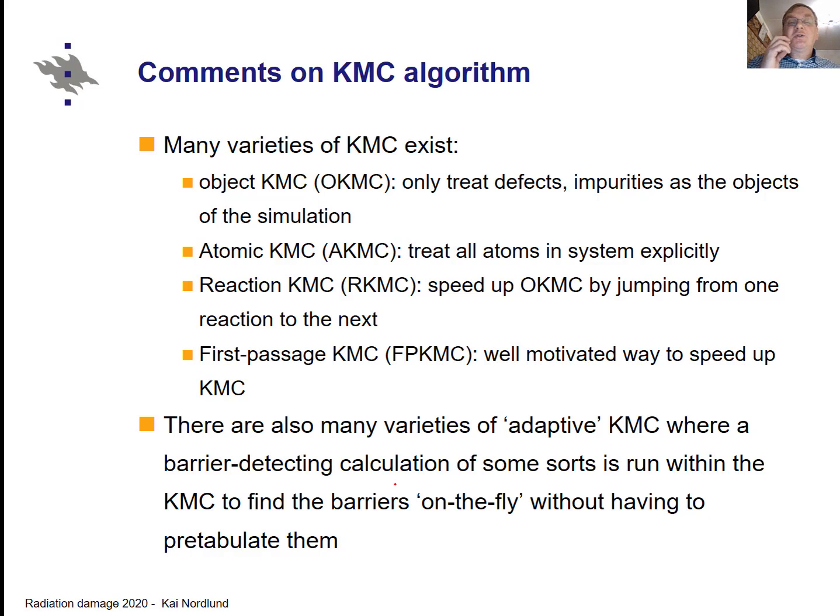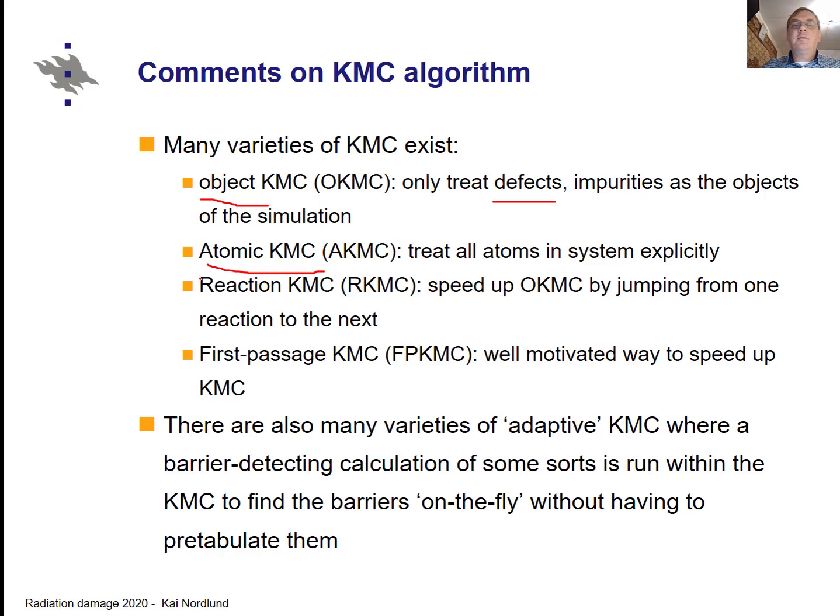I also like to mention that there are many varieties of kinetic Monte Carlo. What I was describing for defects is known as object kinetic Monte Carlo. Each defect is an object, an impurity is also an object, and you ignore the lattice atoms. It's also possible to simulate every atom in a lattice, at least if you have the crystal structure explicitly, and this is known as atomic KMC.